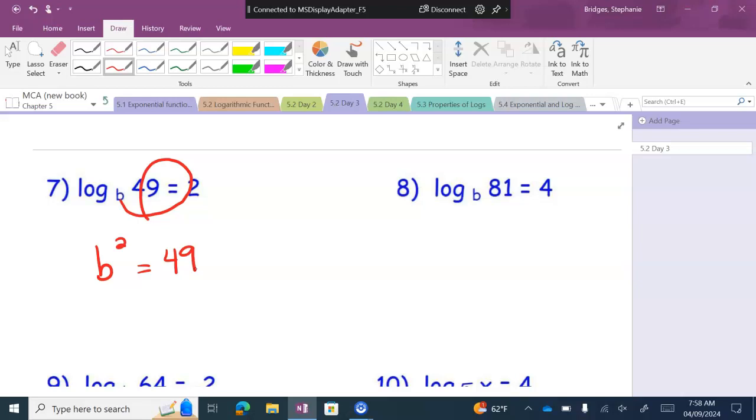So what we're going to do is raise both sides to the reciprocal power, and I mean the reciprocal of the exponent. What's the reciprocal of 2? 1/2, right?